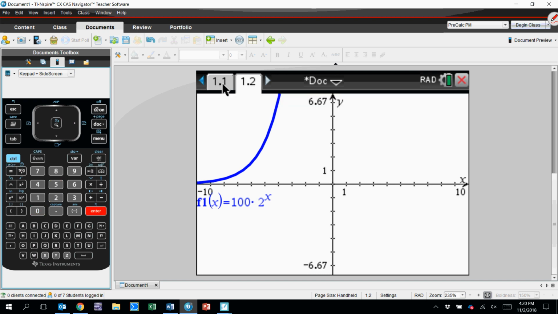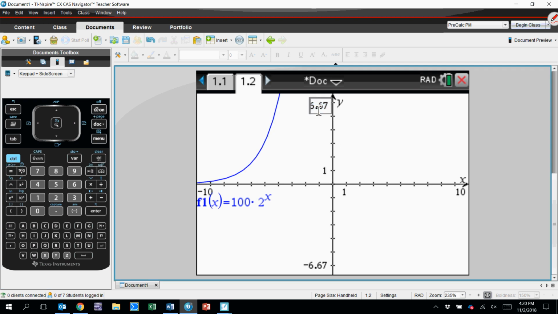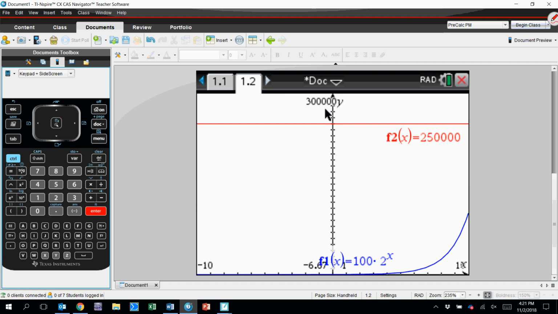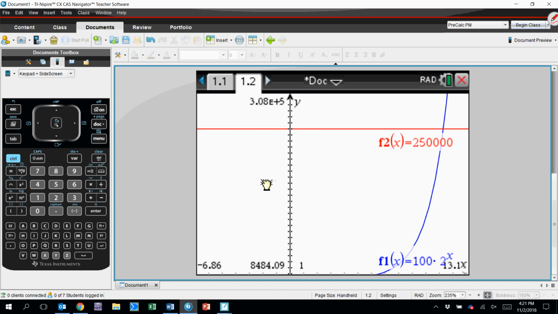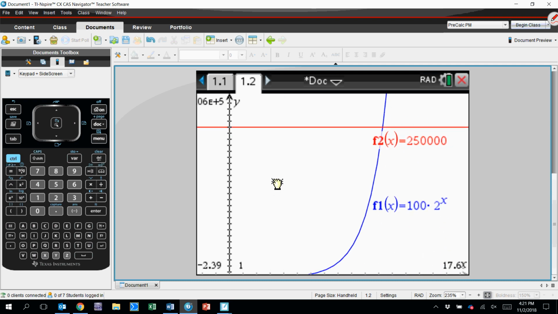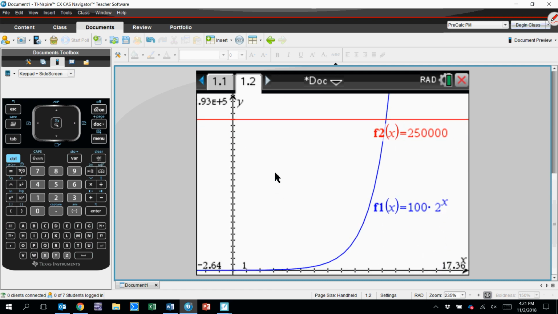I know that y is 250,000, so I can change this y value to something bigger, so I'm going to pick 300,000, and then I can see where they intersect, kind of. I can see that it's over to the right, so remember we can grab a hold and scoot it over, and now I can see that intersection.